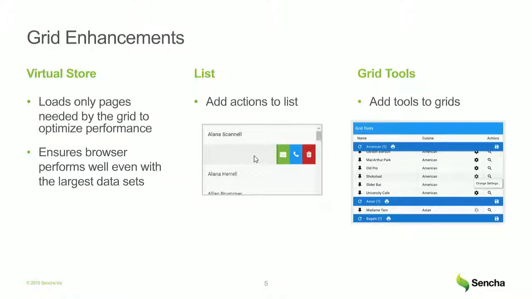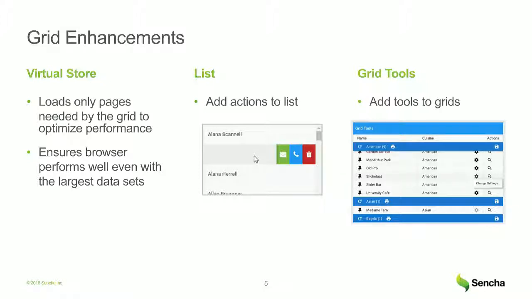And then, of course, in the grid itself, in addition to being able to swipe in various actions like you can do in the list, there's also the ability to add what we call tools into grids. And basically, tools are just little buttons that you can add either to an individual cell or to a row, for example, that will let you perform some sort of operation on that cell or row when you click on the tool.